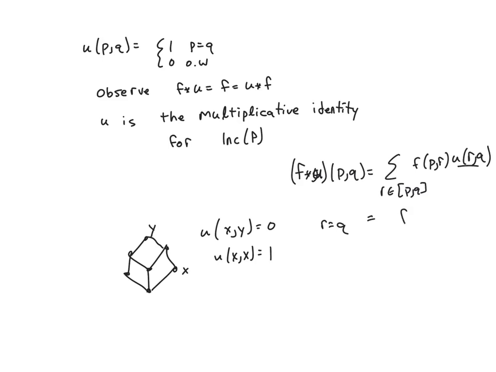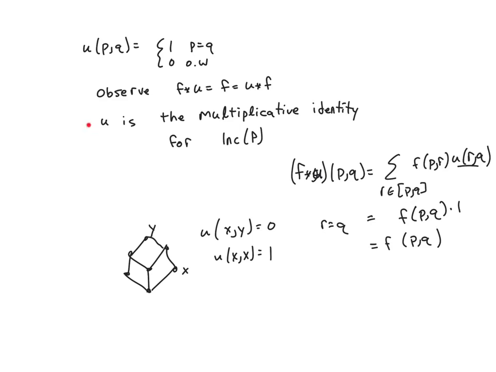And in that one case, that second value is 1. And the first thing is just f of PQ. And by golly, that's just f of PQ. And so you see, when you convolve f with u on the right, you get f back.